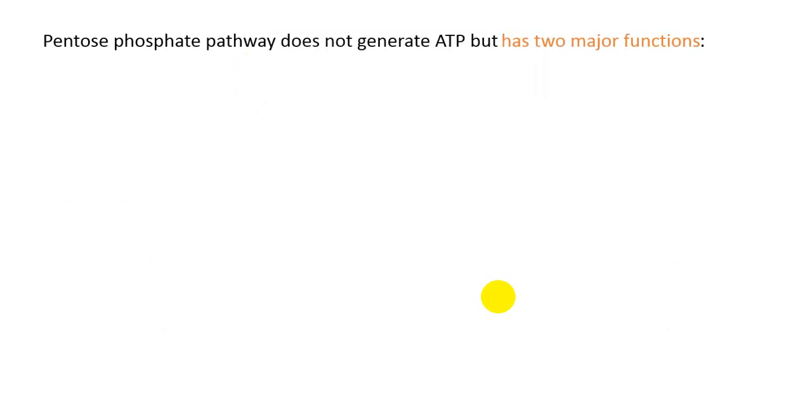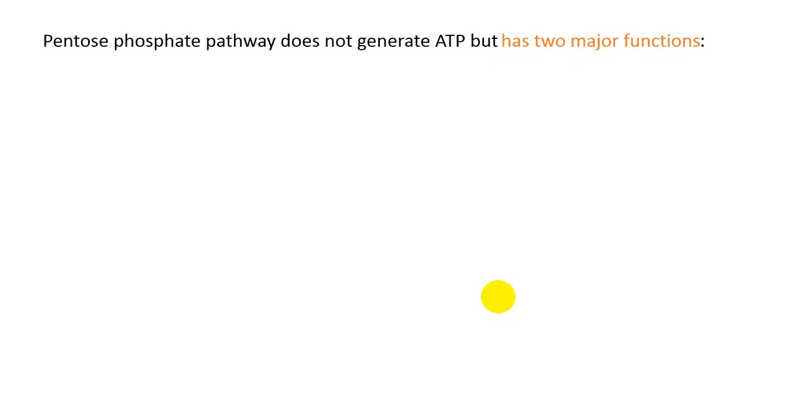Now, the pentose phosphate pathway doesn't generate ATP, but has 2 major functions. Now, we're going to explain the major functions of the pentose phosphate pathway.